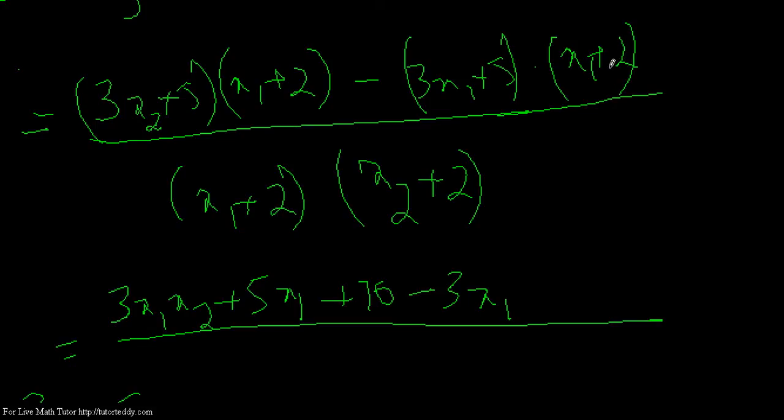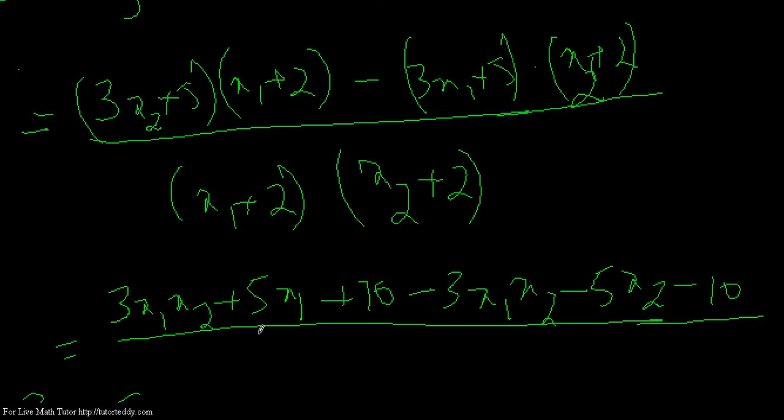Check here, this must be (x2 + 2), right? So this is 3x1x2 minus 5x2, plus minus minus 5 twos are 10, and this is plus into minus, minus 10.